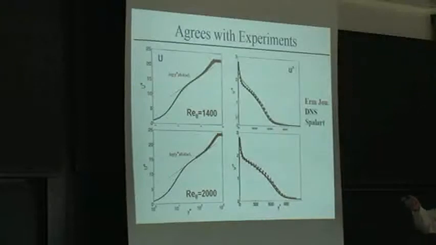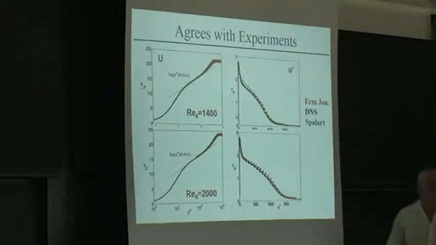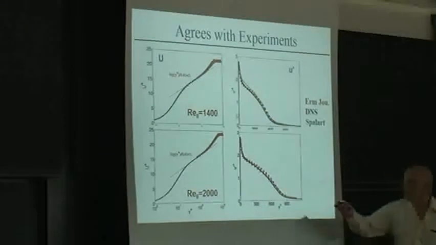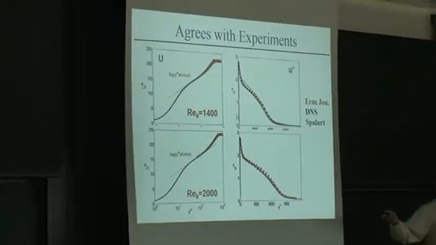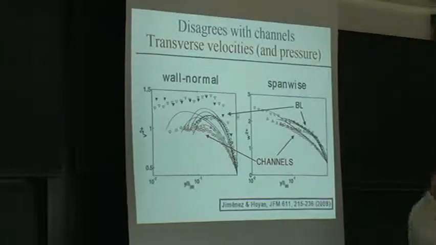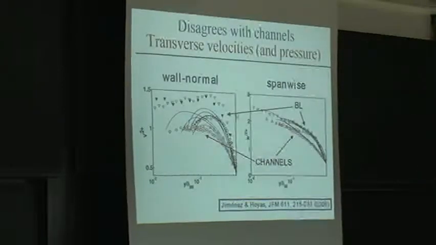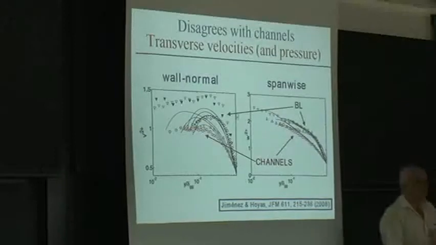These are the fluctuations, and the experiments are in red. The simulation follows the experiment very well, inside and outside, and both places are important because most of the differences with channels are outside. And now it agrees with the experiment, but it does not agree with the channel. The channel and the boundary layers are different, and they are noticeably different.